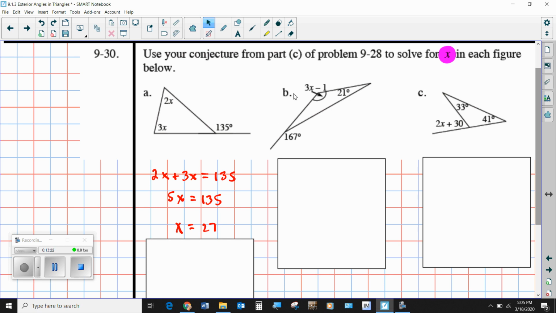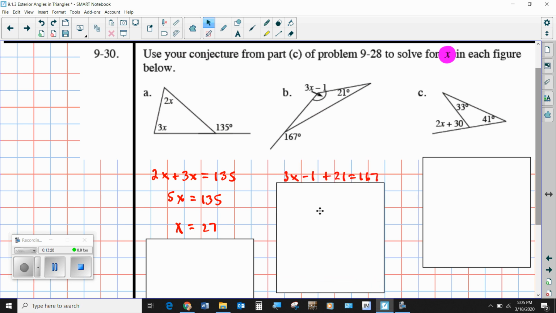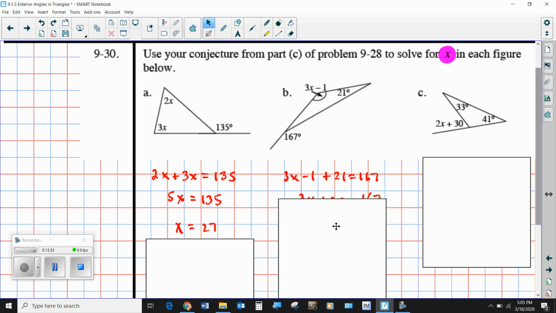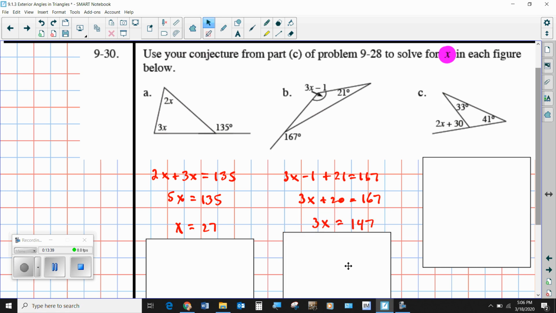For B, we know that these are the two remote interior angles, and this is the exterior angle. So 3x minus 1 plus 21 has to be equal to 167. Combine like terms, remove balanced sets. We're going to take away 20 from each side. So 3x has to equal 147, which means 1x would have to be equal to 49.